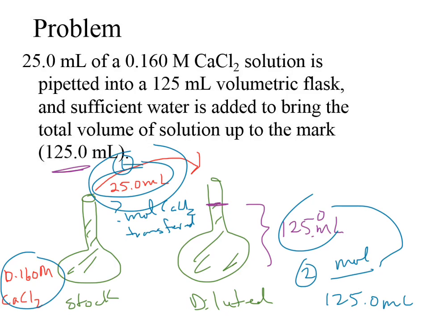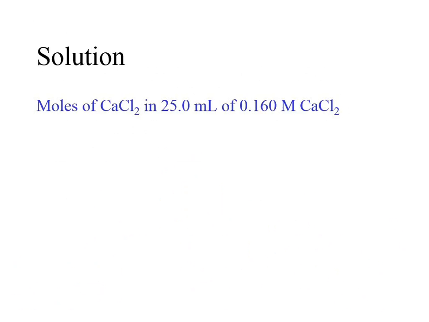So here we go. Maybe. So moles in that aliquot that you transferred, we take the volume, which is 25.0 milliliters. That's going to be our first term, 25.0 milliliters over 1. And then, of course, molarity, we're going to unpack that, 0.160. That's moles per liter, so we have to stick in a conversion here.